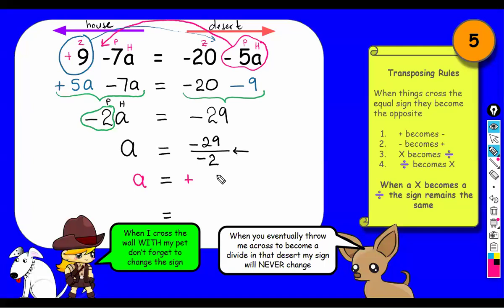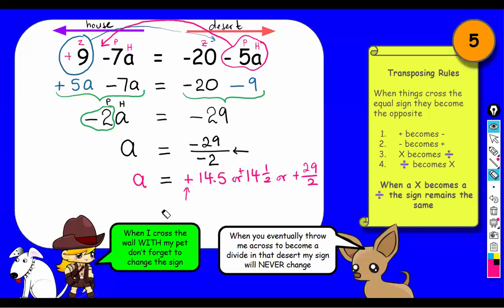I need my calculator here. Yeah, you get positive 14.5 or 14 and a half. If you just want to leave it as positive 29 on 2 as an improper fraction, knock yourself out. Just make sure you have your positive and your choice of representation after. And that's the end of the question.